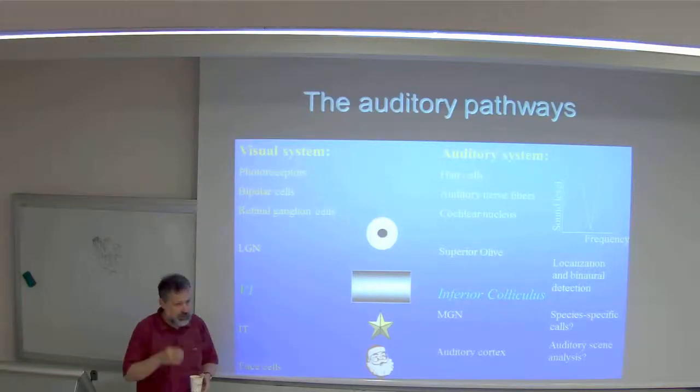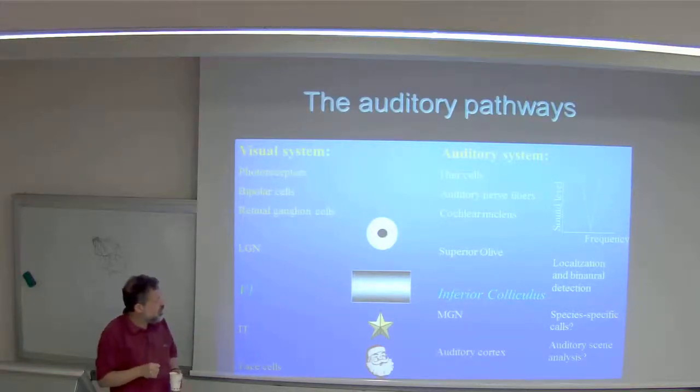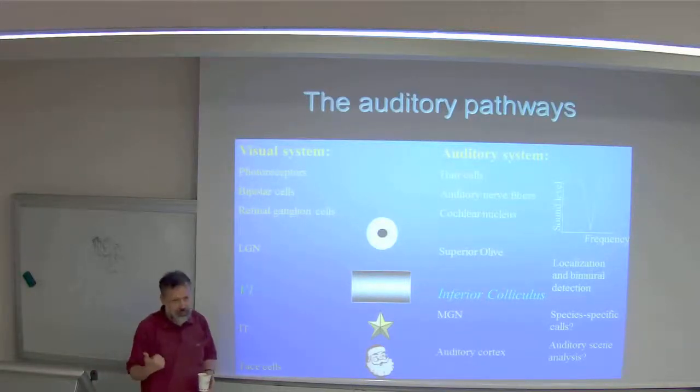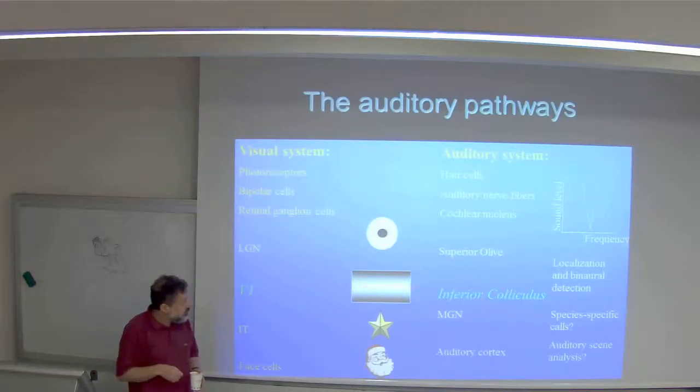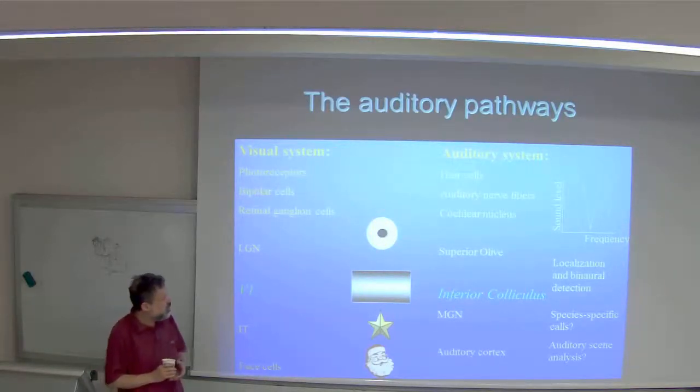And I hope you will see that the retina is a very rich place with a lot of neuronal subtypes that have different morphology and that may do different processing tasks. Same thing with the cochlear nucleus. We discussed one cell type, but there are a lot of different cell types.